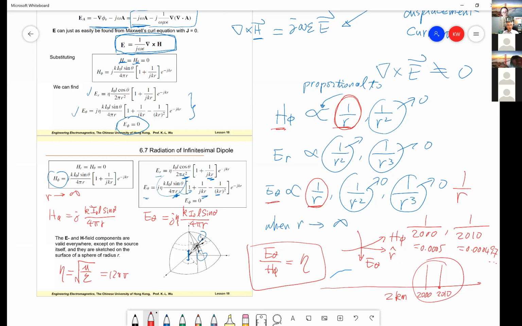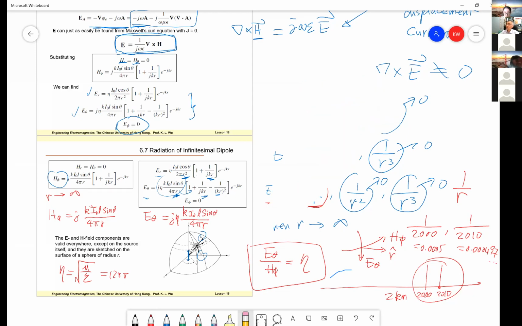So what I am trying to say is that the plane wave is a solution of the antenna when the field travels far away. Although the result is derived from a very small antenna, if we have a large antenna, we can chop it into very small pieces.